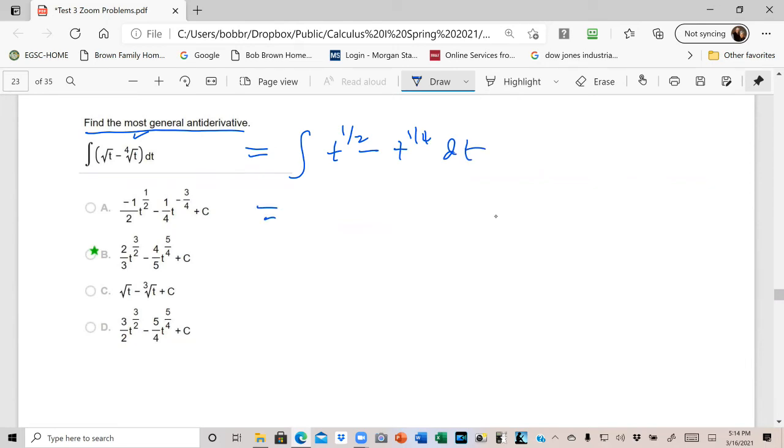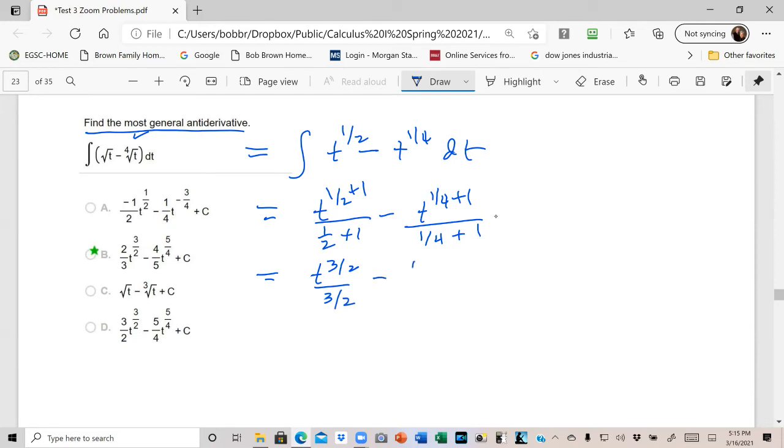And now we just use the power rule antiderivative formula, and we get t to the 1/2 plus 1 over 1/2 plus 1 minus t to the 1/4 plus 1 divided by 1/4 plus 1, which is equal to t to the 3/2 divided by 3/2 minus t to the 5/4 divided by 5/4, plus a constant.